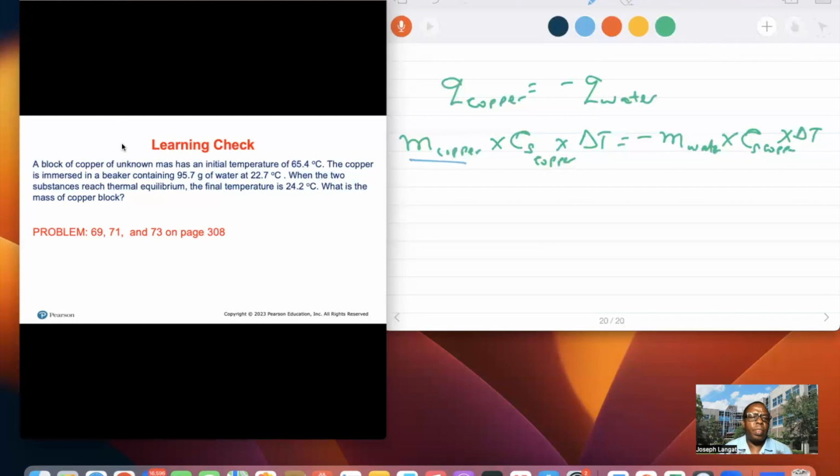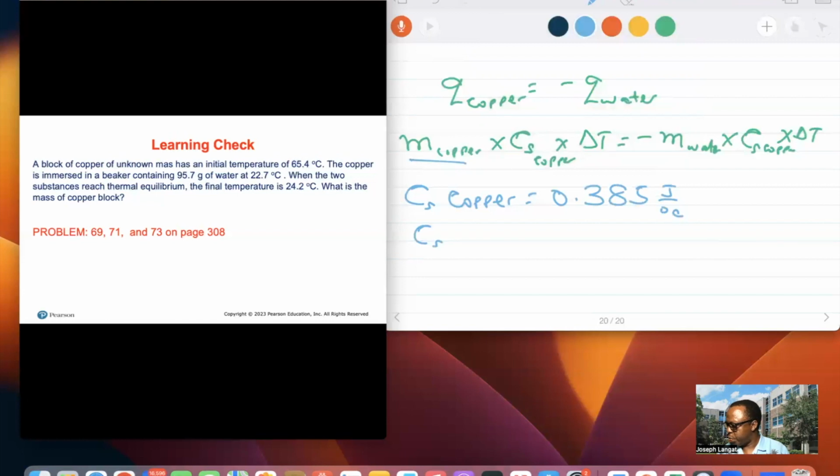Clearly, we are not given the specific heat for this problem. You need to find the specific heat for copper. Cs of copper is given in the manual on the table, and remember, it's joules per gram degree Celsius.